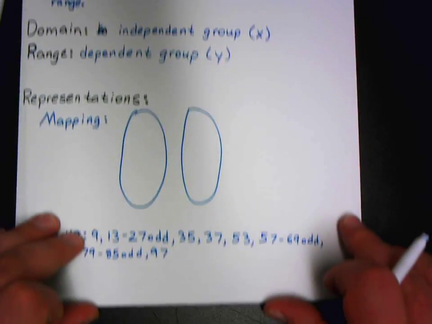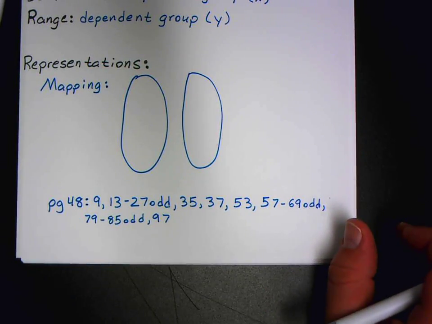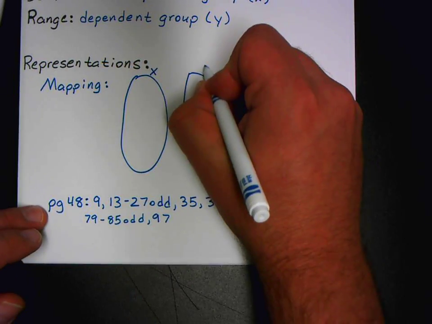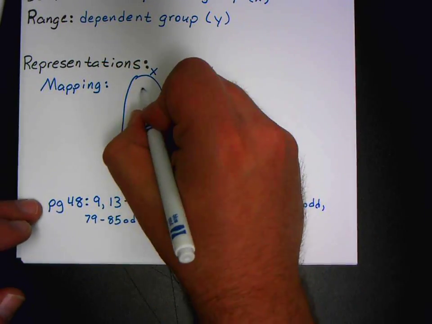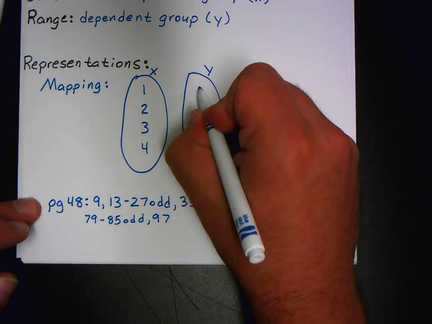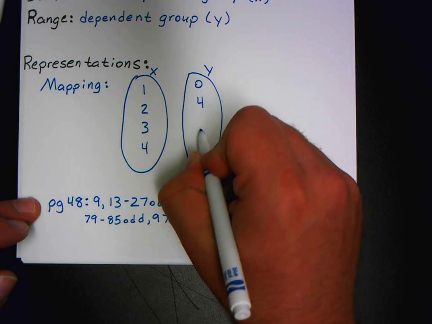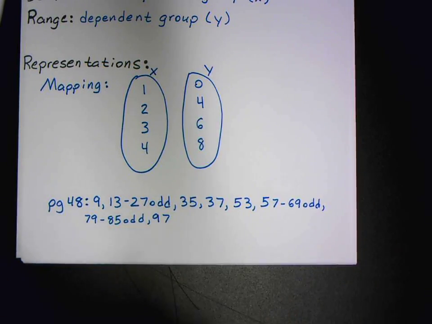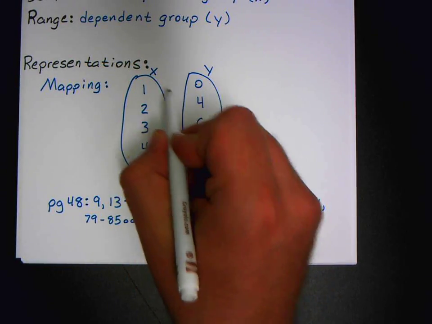For mapping, we'll call this our X's and our Y's. Mapping is the one where we draw arrows.